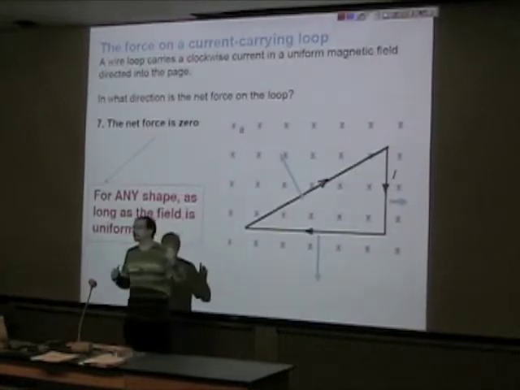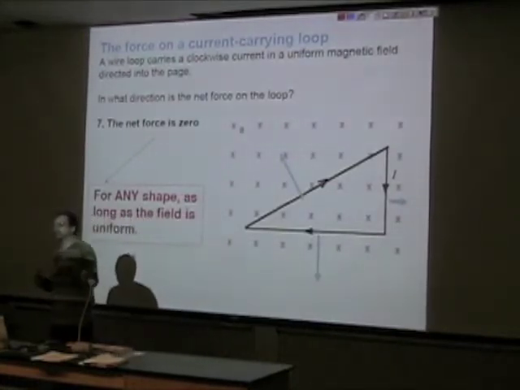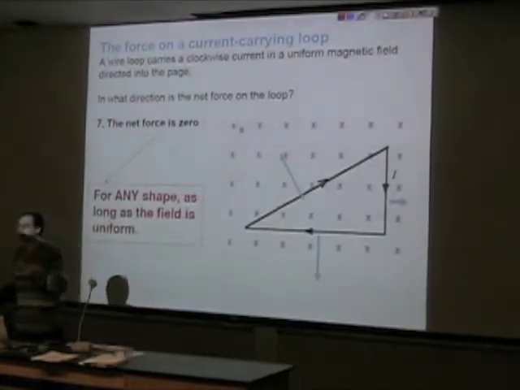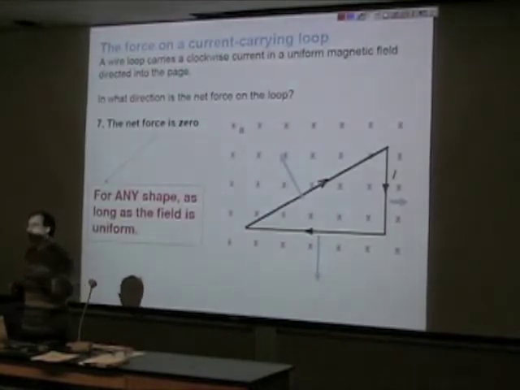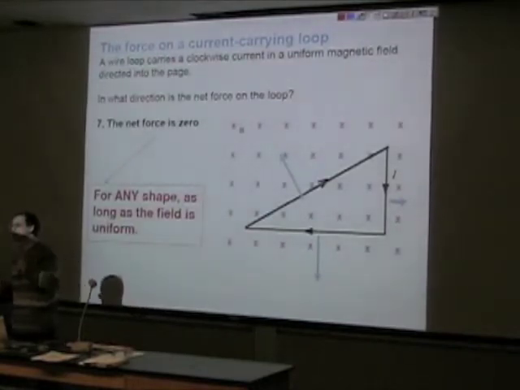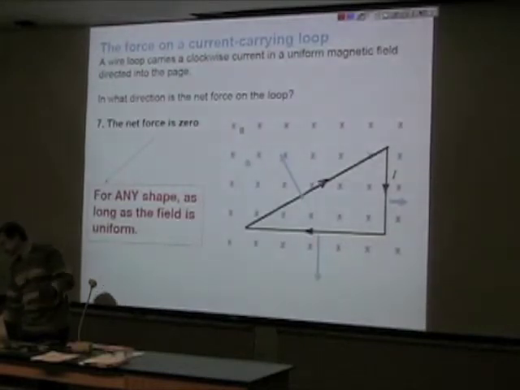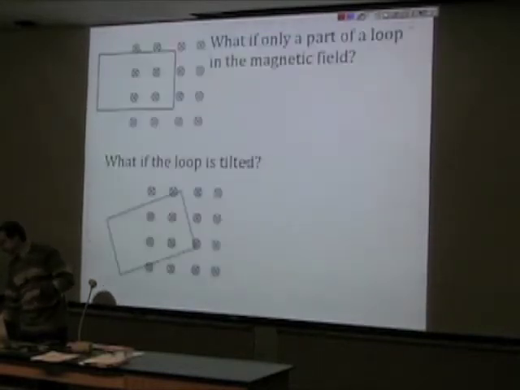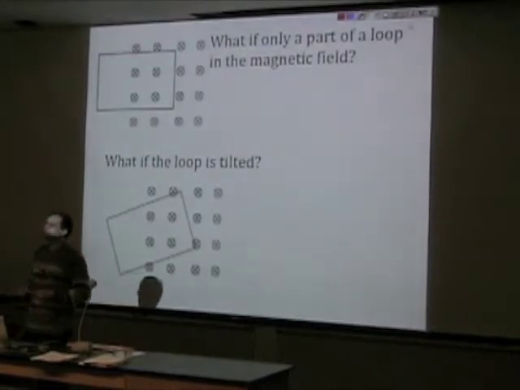So magnetic field is the same in magnitude and direction everywhere. If magnetic field is not uniform, in that case, net force acting on the loop might not be equal to 0 and requires direct calculation.